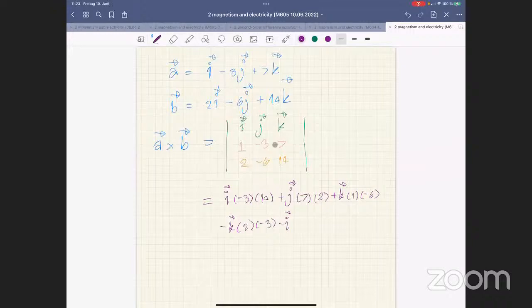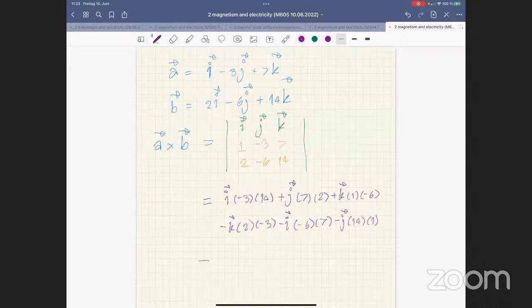The next one is minus 6j, minus 6 and 7 and i. So we have i minus 6 and 7, and after that we get 14, 1j, and minus j and 14 and 1.